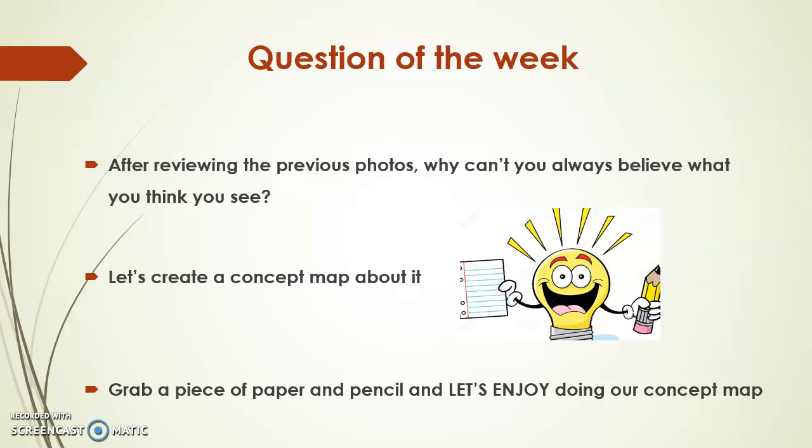What you're basically going to do in your concept map is write the question down in a big triangle or a big rectangle or a square, whatever you like, and then draw 2 arrows out of this rectangle with only 2 answers of 2 words. Why can't you always believe what you think you see?